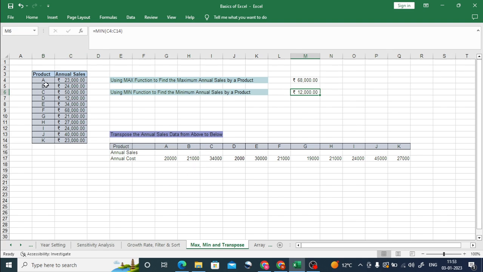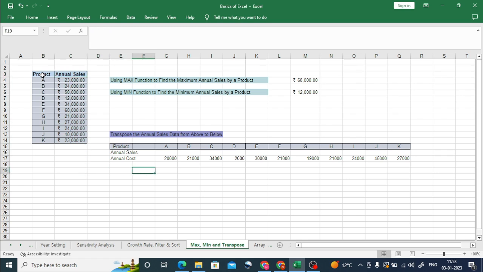Next, we have the function of transpose. Let's say we have, as you can see over here, the data of product in column B, and we have the data of annual sales in column C, right?